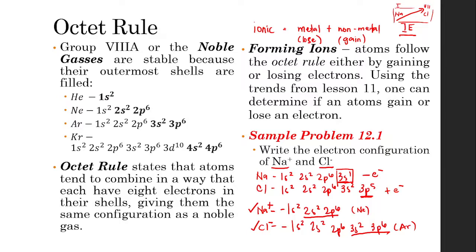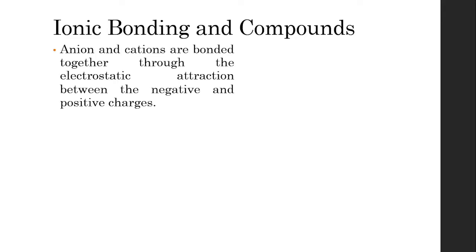If you remember from a simple law in physics, opposite signs attract while same signs repel. So having a positively charged sodium and a negatively charged chlorine, they're bound to be attracted to each other, which will now lead us to our discussion of the formation of ionic bonding and ionic compounds.